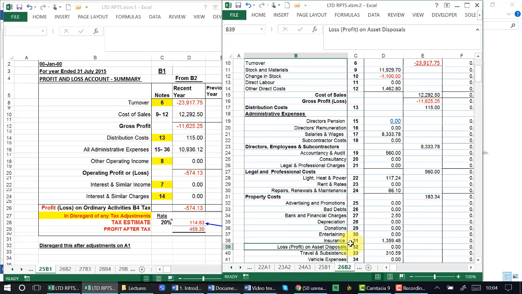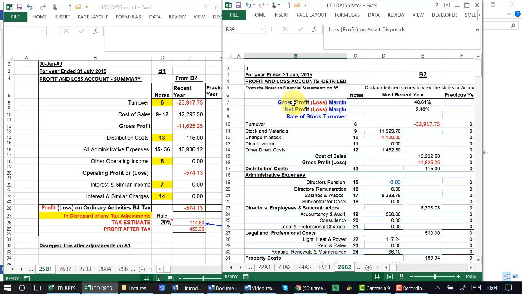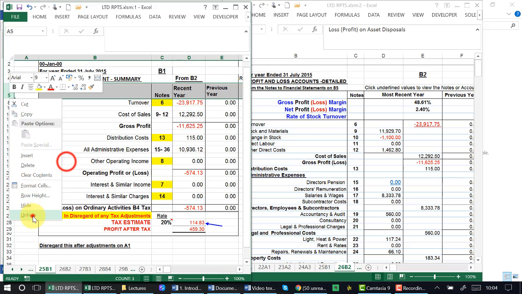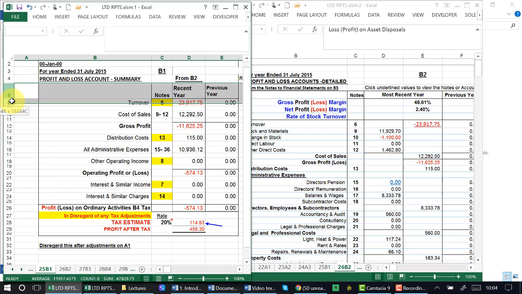Let's look at B2. It has got this information up there. I think we could have it up here as well. Oh dear. We hid them apparently. Unhide. Let's see.